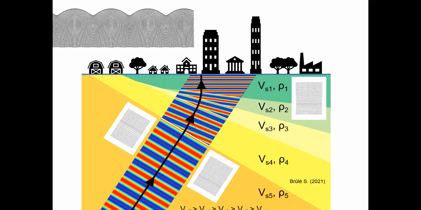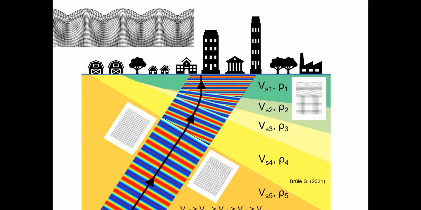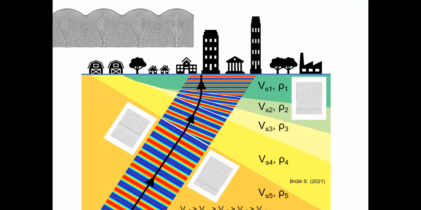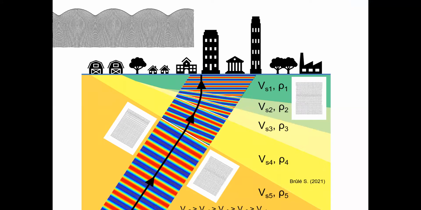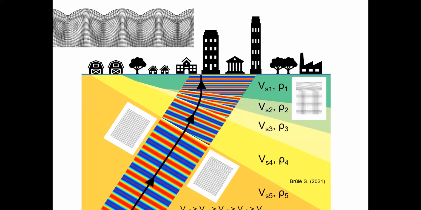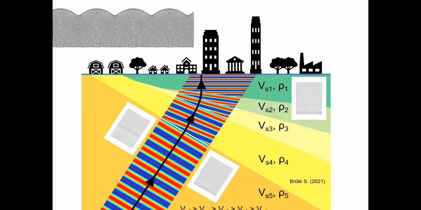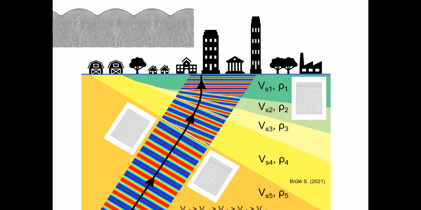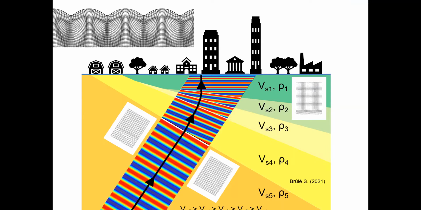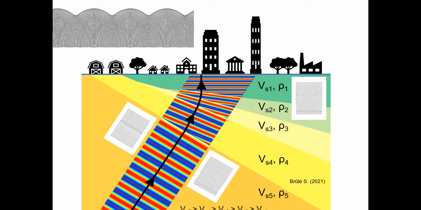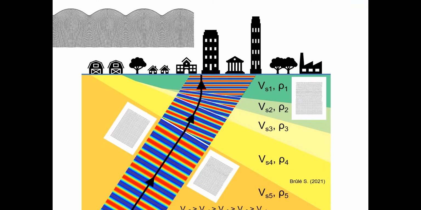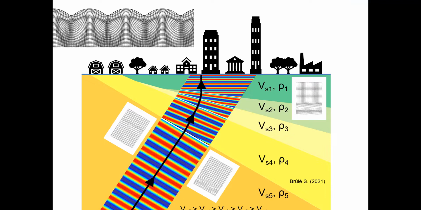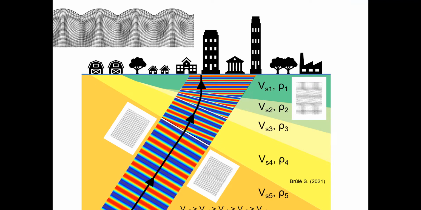If the first layer is very soft, over a stiffer but not rocky ground, we can observe at the surface, by means of the H/V technique, two peaks of frequency, demonstrating that the first layer has its own frequency, and we have the information for the deep basin down to the rock.